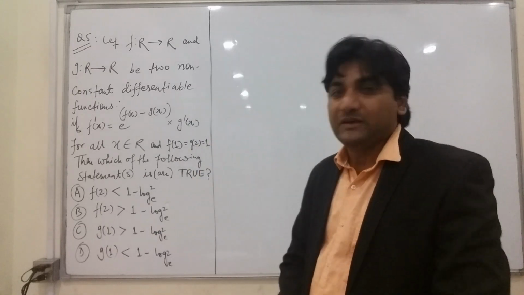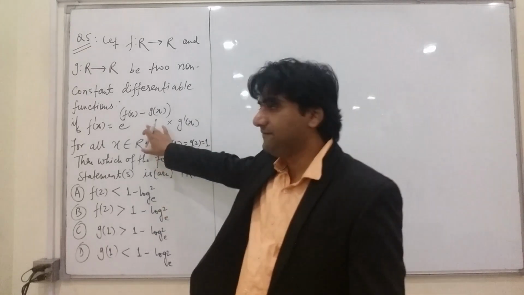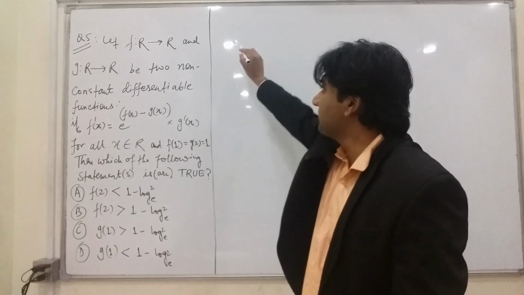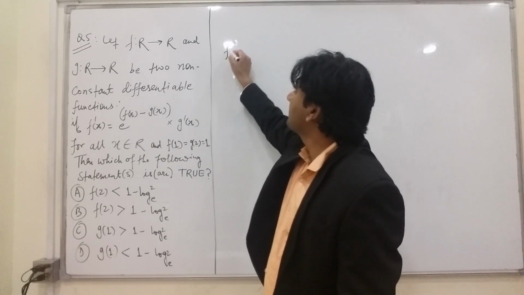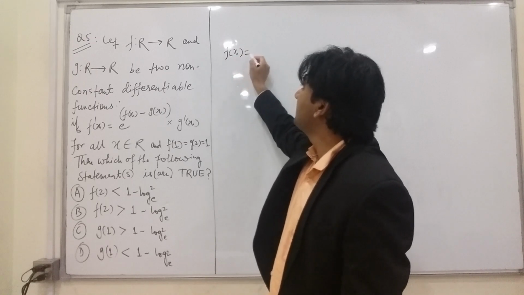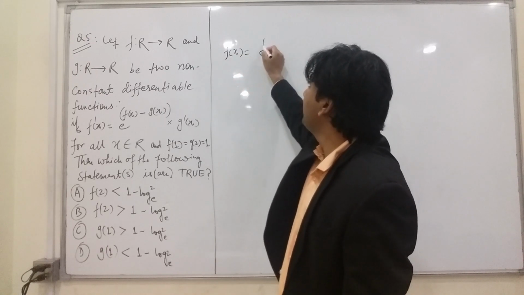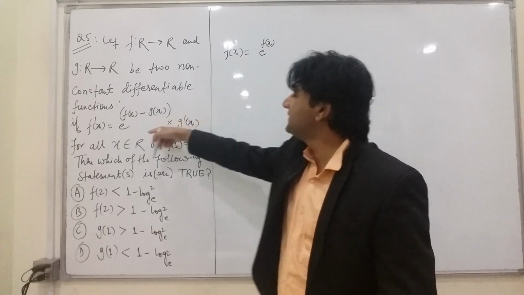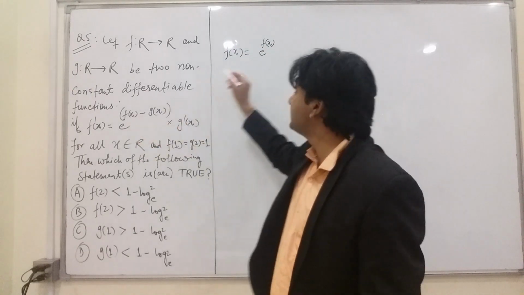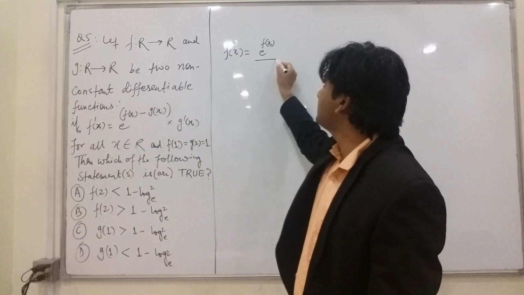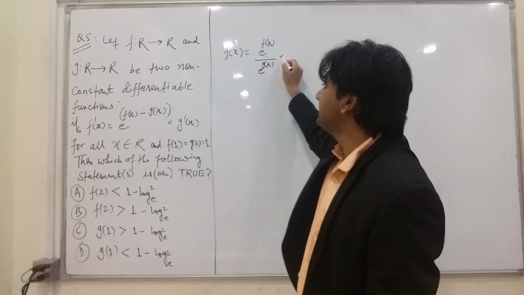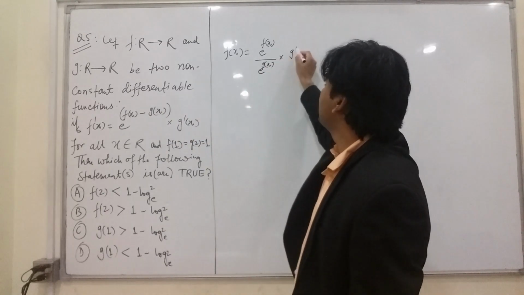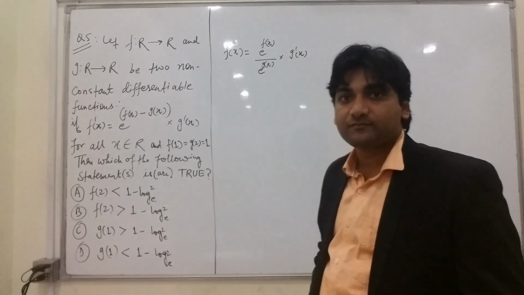Okay, so the starting point is this f'(x), which is given. So from here we can start. f'(x) equals e raised to f(x) minus g(x), so we can write e raised to f(x) over e raised to g(x), and this is times g'(x). Okay, no issue.